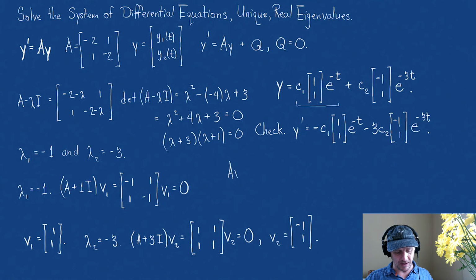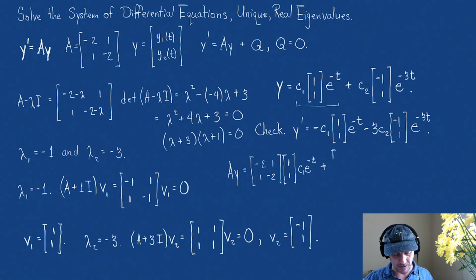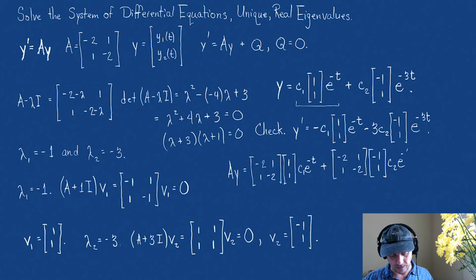All right, now let's see what we get when we take A times y. Remember that A is this matrix of minus 2, 1, 1, minus 2. We're going to apply that to the first eigenvector, 1, 1, times c1 e to the minus t, and apply the matrix A to our second eigenvector, minus 1, 1, times c2 e to the minus 3t.